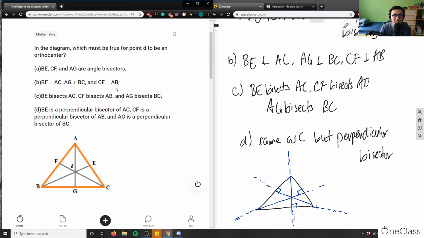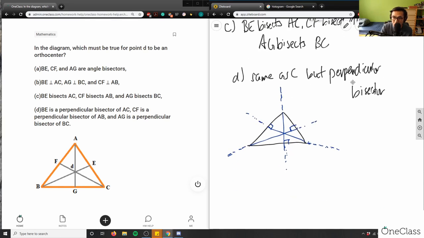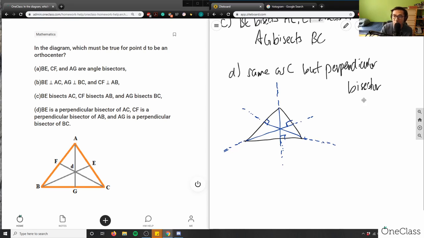And then we have B and D left. B says that BE has to be perpendicular to AC. And D says BE is a perpendicular bisector of AC, right? So what's the difference between perpendicular and perpendicular bisector? Let me look at perpendicular first, right? If I say something is perpendicular to each other, that means I'm going to do this in red.